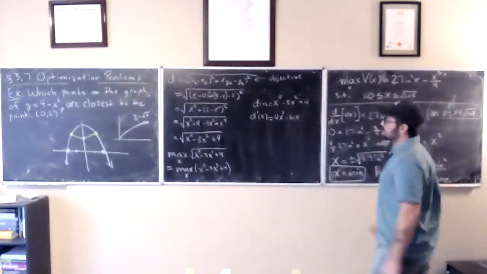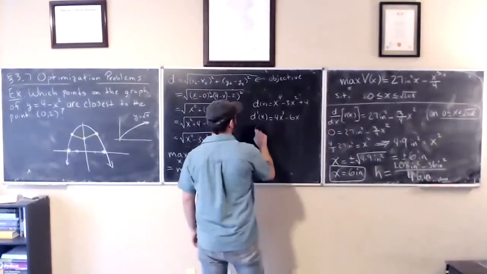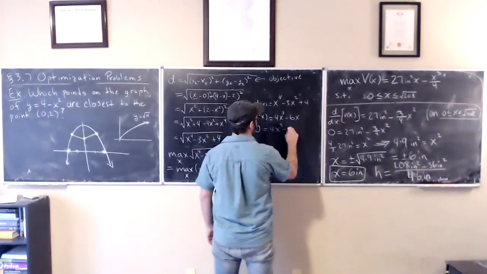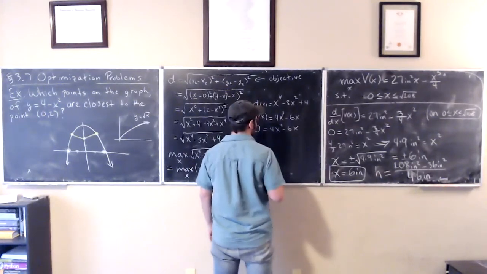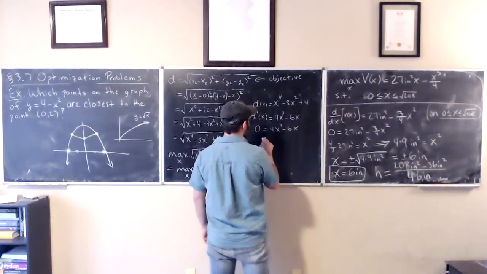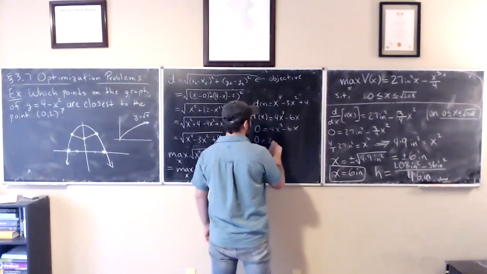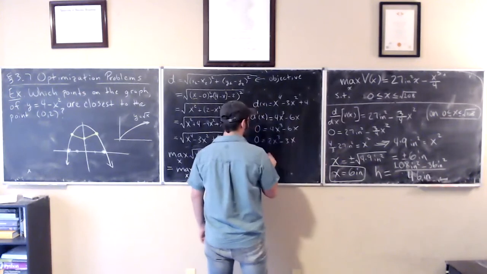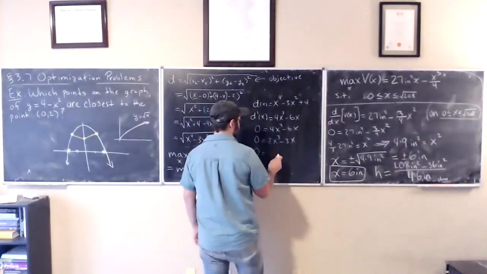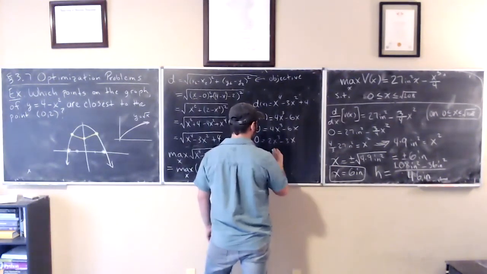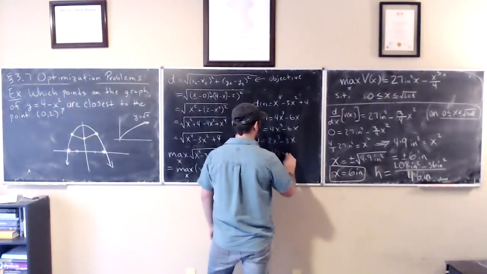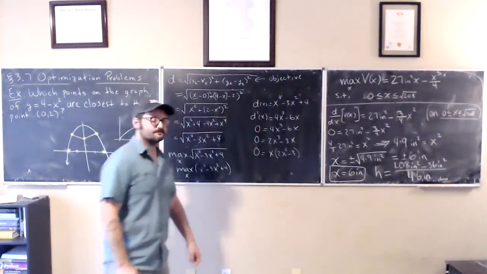And if I set this equal to 0, I can divide the whole thing by 2, and then do some factoring. Like that.